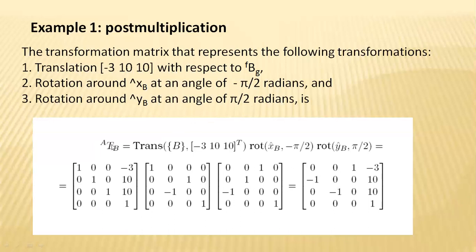First one, translating from the reference frame A to the base frame. That is the transformational matrix for all transformations. So first one is a translation. Second one is a rotation. Third one is also a rotation.